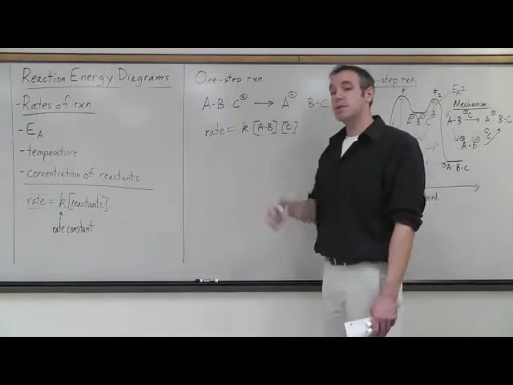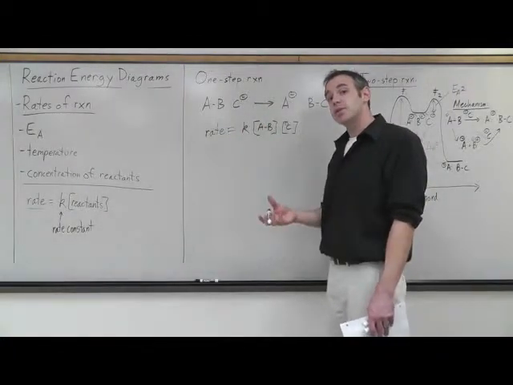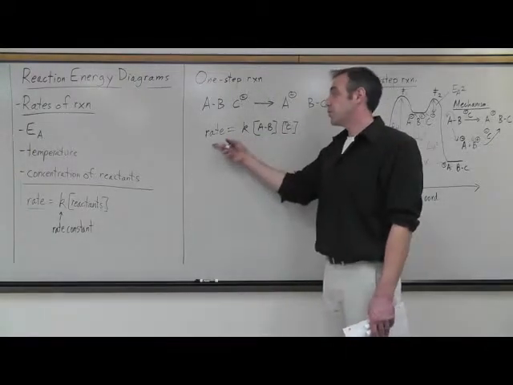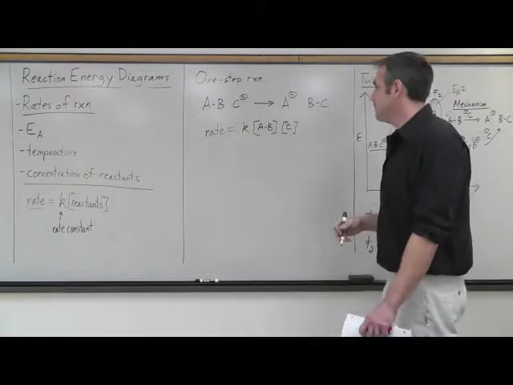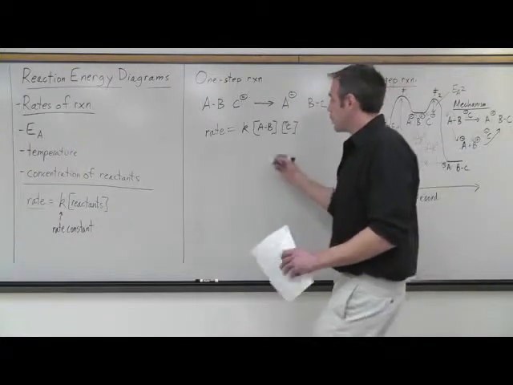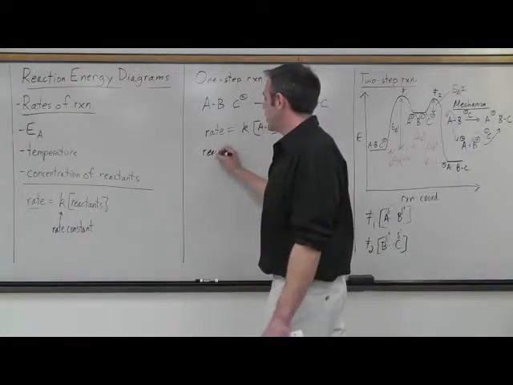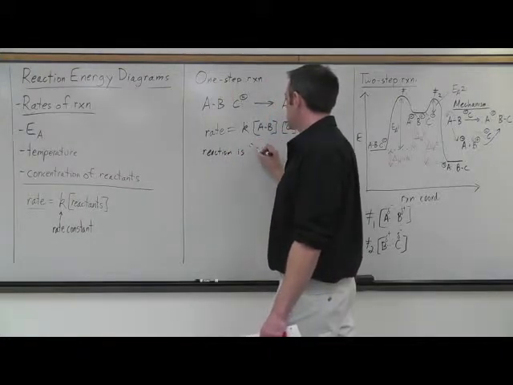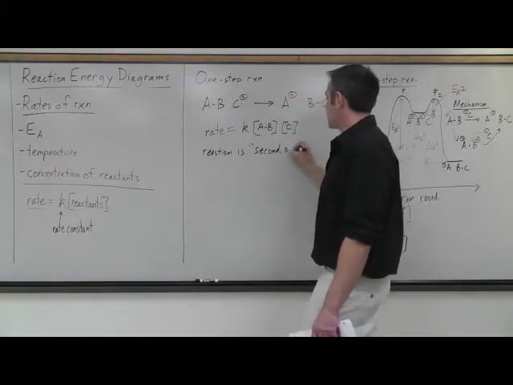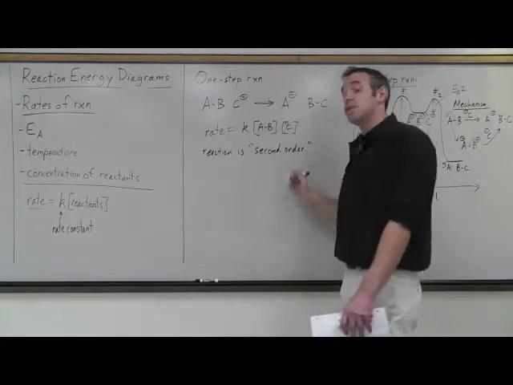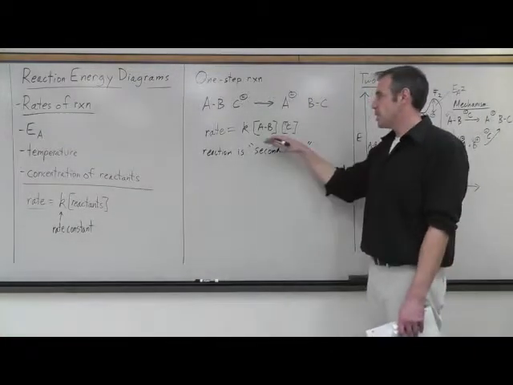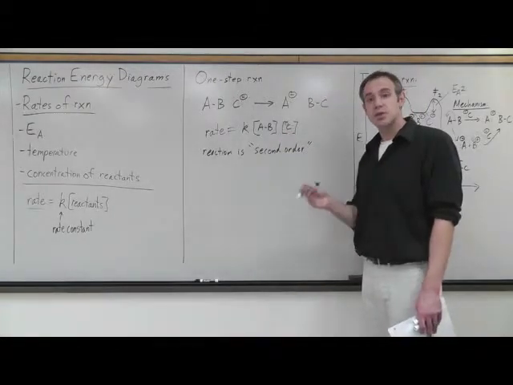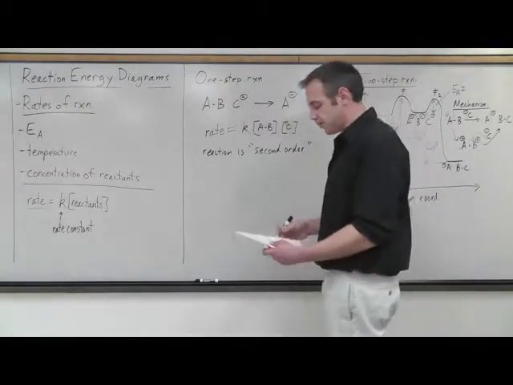So both reactants were involved. Since both reactants were involved, both of their concentrations are important for the rate. Because both are involved, the reaction is referred to as second order. That means the concentrations of two different reactants determine that rate.